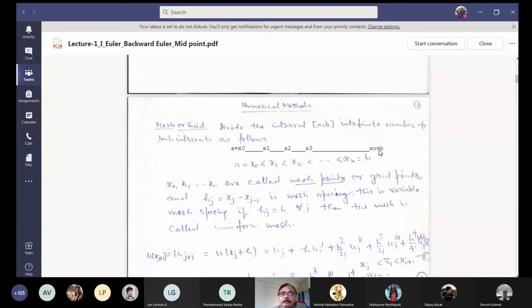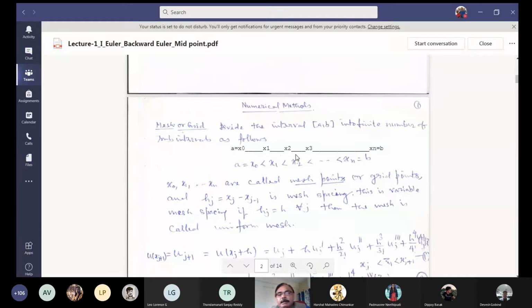If we have equal spacing, we say they are equispaced subdivisions. The points x0 and xn are boundary points, and the points x1, x2, x3 and so on are called mesh points, nodal points, grid points. Several names are there.